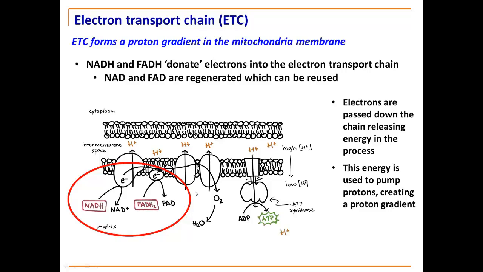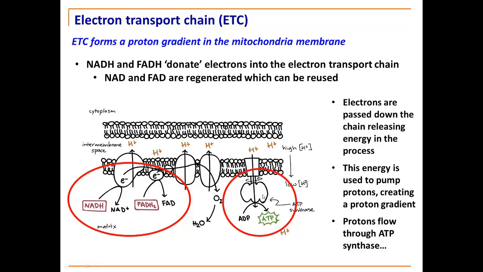There's more hydrogens here, so you're pumping them against the gradient, into the intermembrane space. And then when you've got a nice build-up of that gradient, through complex 5 the hydrogen ions now flow from a high hydrogen ion concentration to a low hydrogen ion concentration, down their gradient through this ATP synthase, where we go on to make ATP.